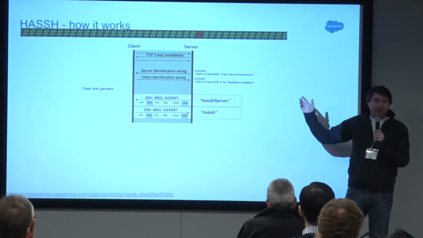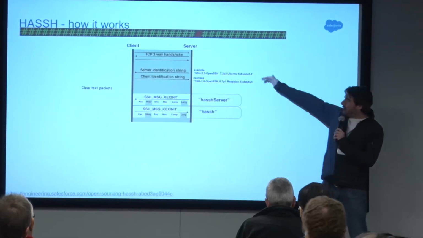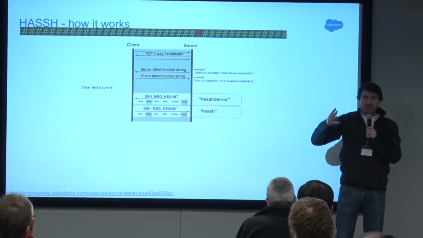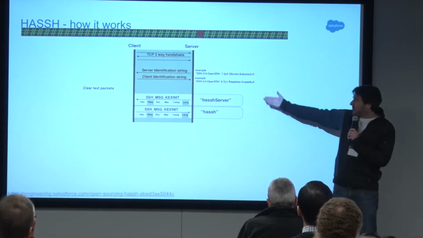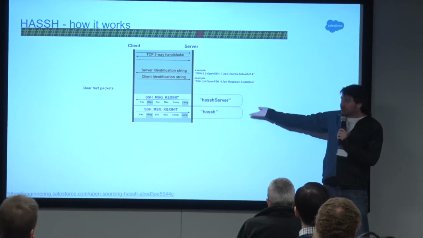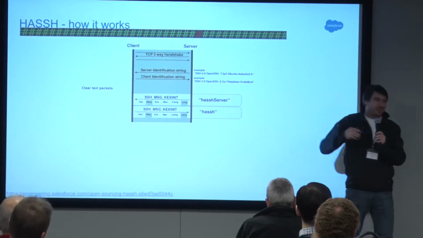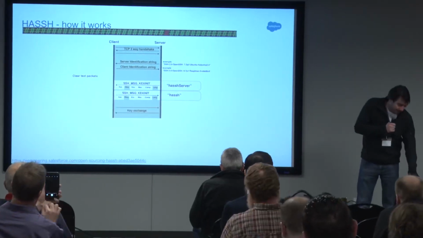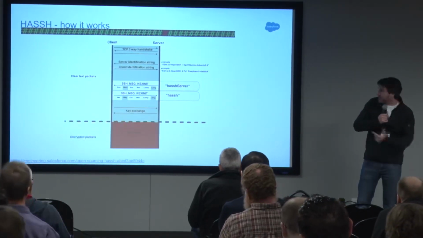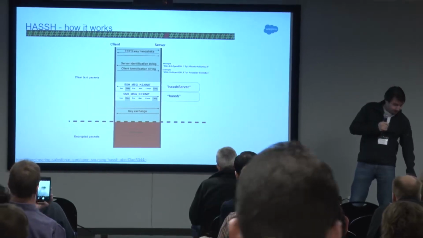I'm not sure why. I'm wondering if after this part they both just send the packets at the same time, and it's just a race condition. But I've seen both. So the server packet could come first, or the client packet. But it doesn't matter for the fingerprinting. Then there's the key exchange, and everything after that is encrypted.